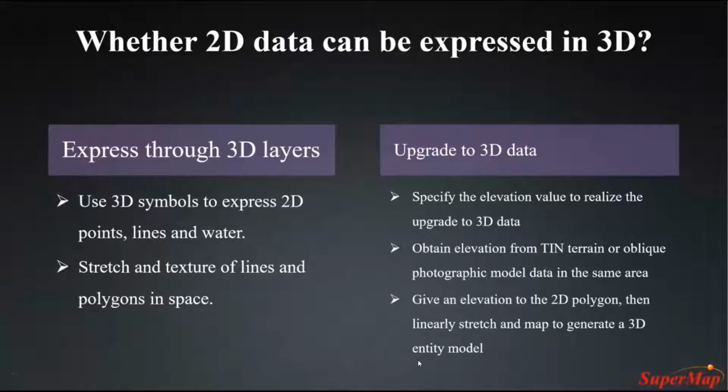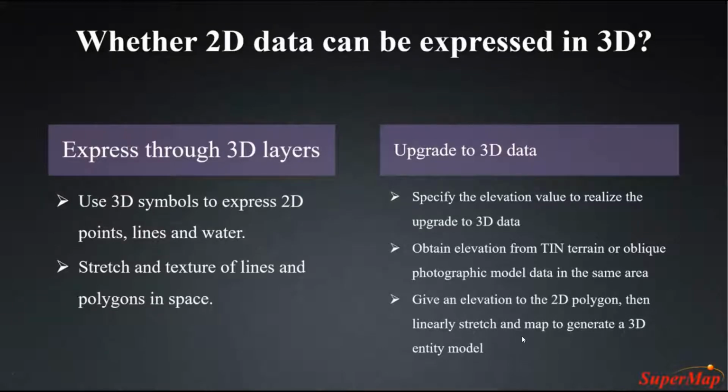So what's the difference between this method and the stretch and texture method? For the stretch and texture of lines and polygons, it just dynamically stretches our data.